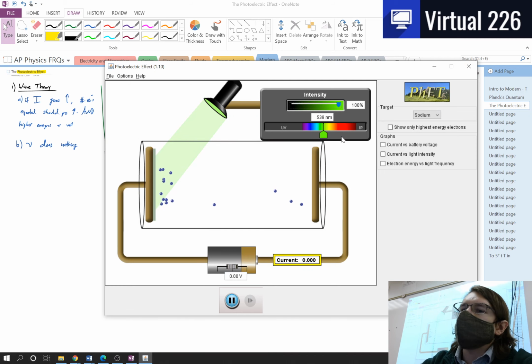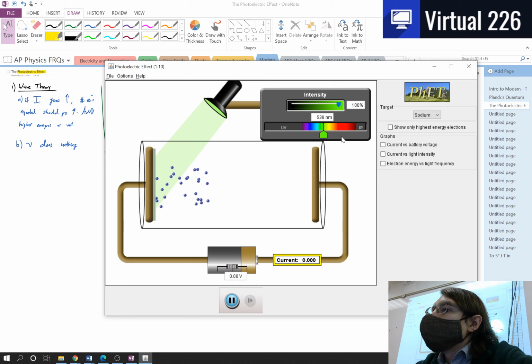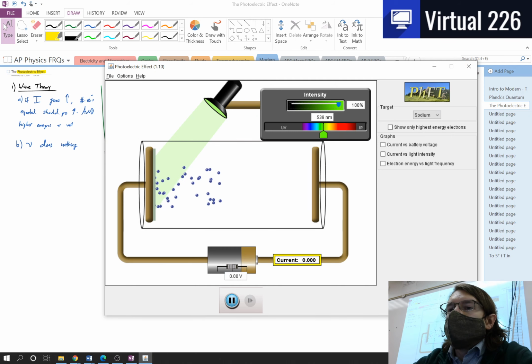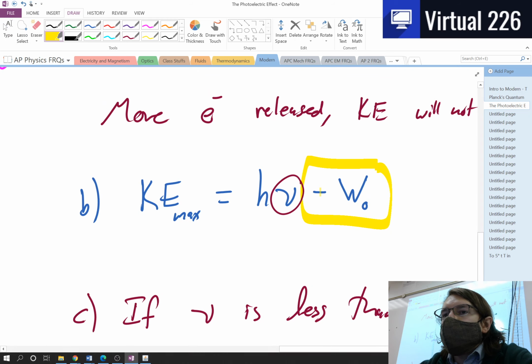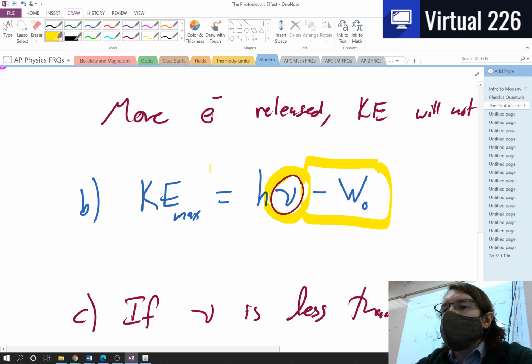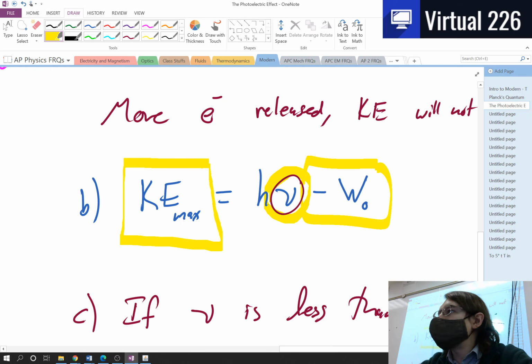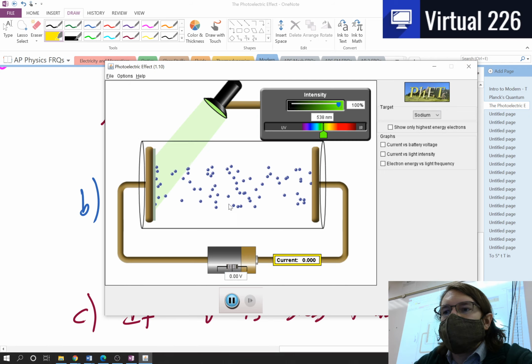And notice when I get to green, I'm still ejecting electrons here, but notice they're moving a lot slower. Given by this equation here, when we changed this frequency, we increased the wavelength, we made the frequency smaller, we're getting less maximum kinetic energy, which means that these particles aren't moving as fast.